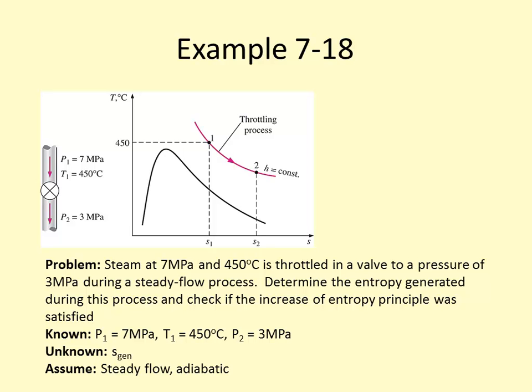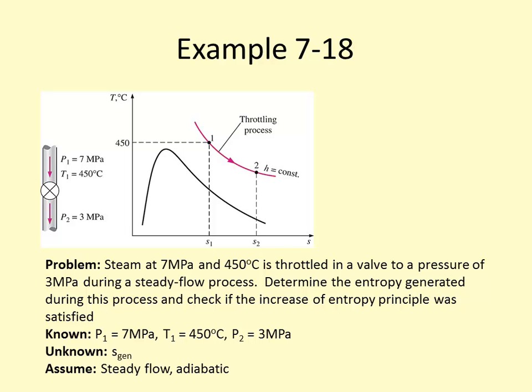Okay, the fact that this is a constant enthalpy problem allows us to fix the second state. So we're given a pressure of 3 megapascals at state 2. But we know also that H2 is equal to H1. So the enthalpy is constant. Otherwise, we would have no way to fix the second state to look up property values.